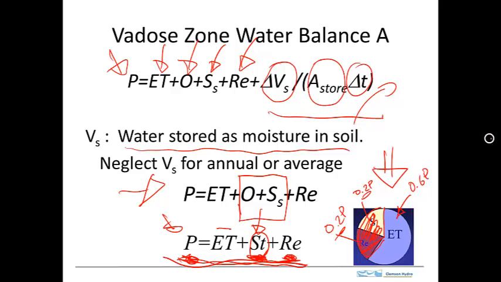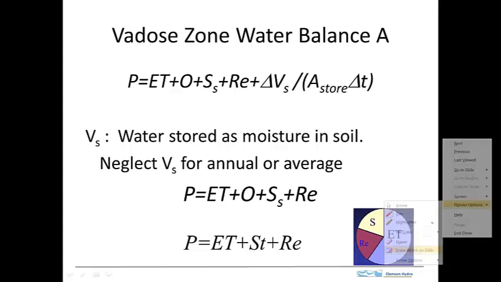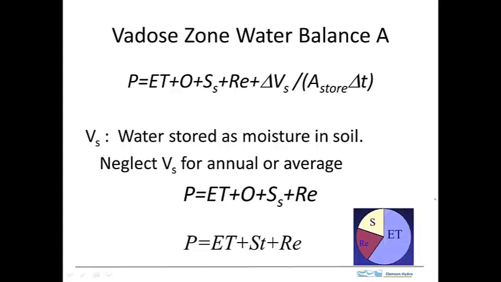Okay, but if we had a watershed that was, I'm going to erase this here. If we had a watershed that was underlain by dune sand, then when it rains, we would have a high fraction of that rain soaking into the ground, infiltrating, and moving down, and making it as recharge. So in that case, maybe the proportion of water that was as ET would be smaller than the global average.